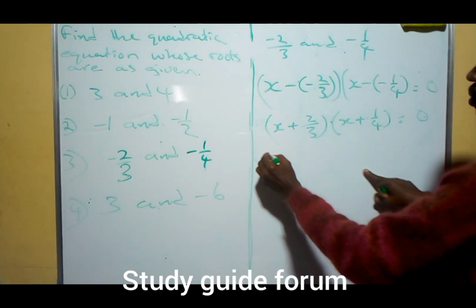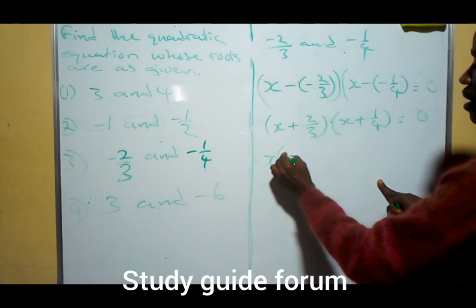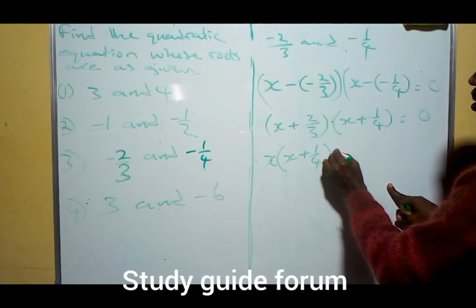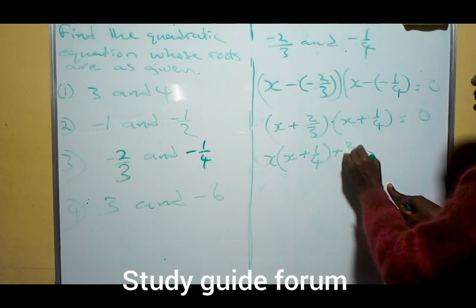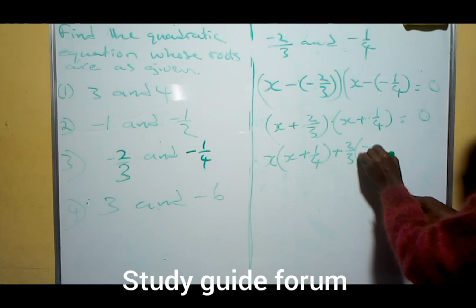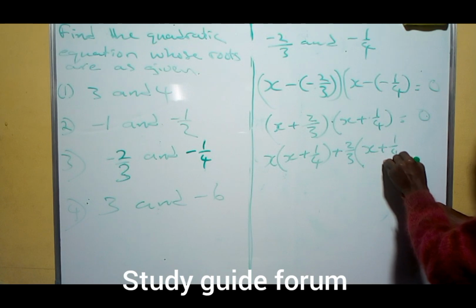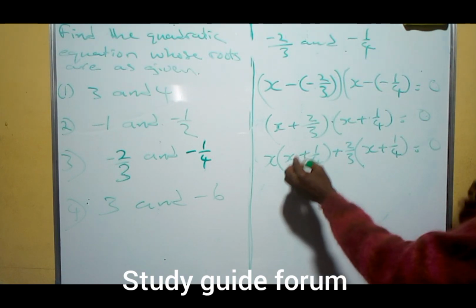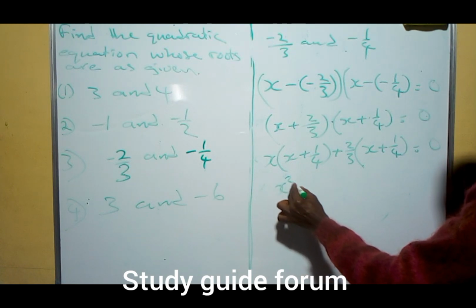And then we multiply through, we have x squared.